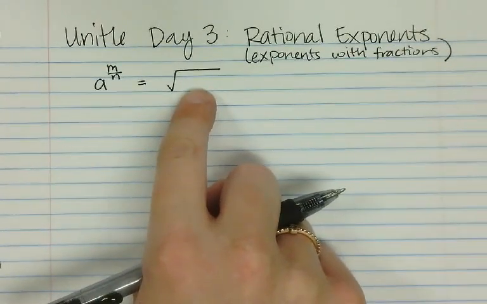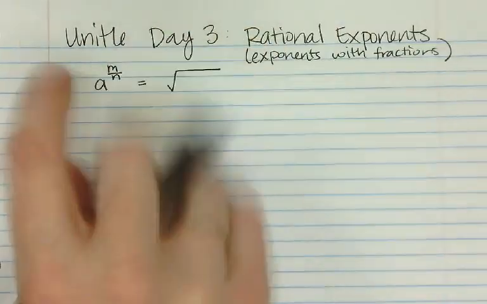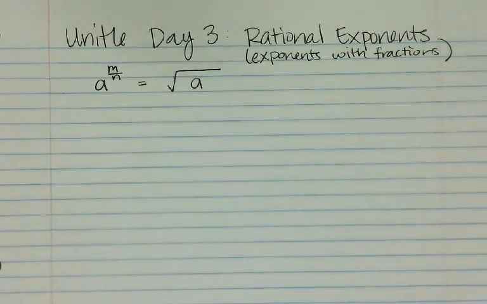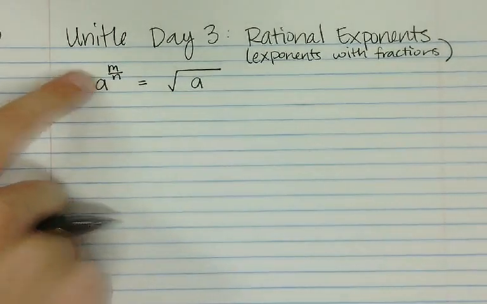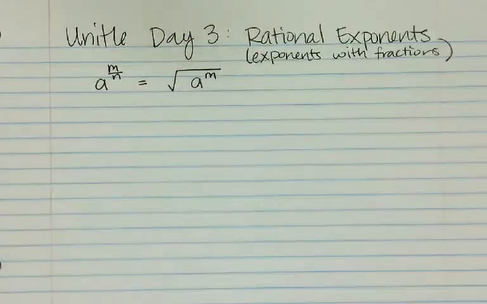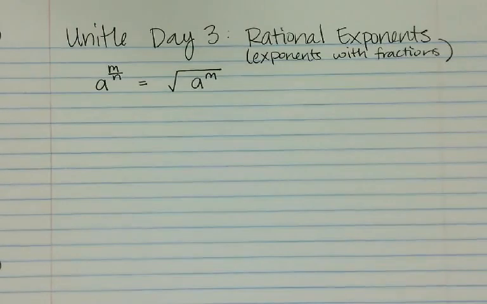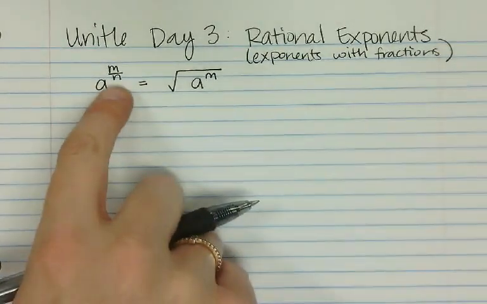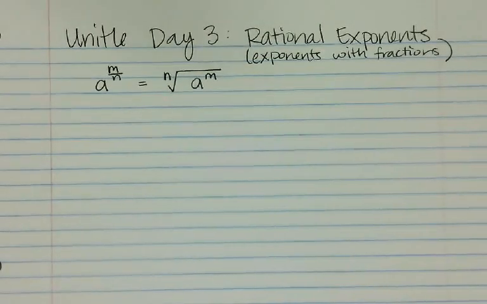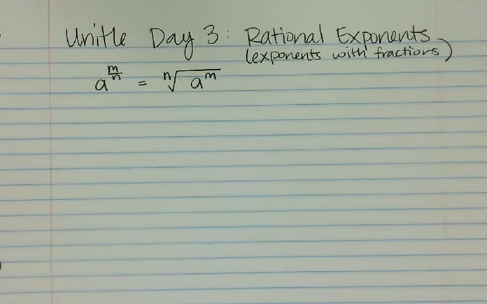But what happens is the a is your base, and guys, that still stays your base. The numerator of your fraction becomes the exponent inside the little radical here. And then the denominator of your fraction becomes the root. All right, y'all? So the root of our radical.